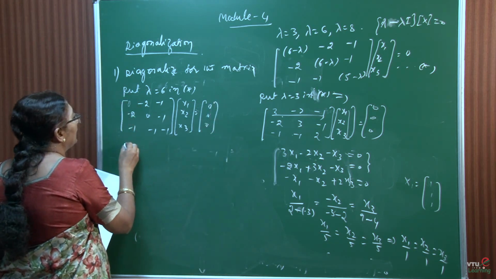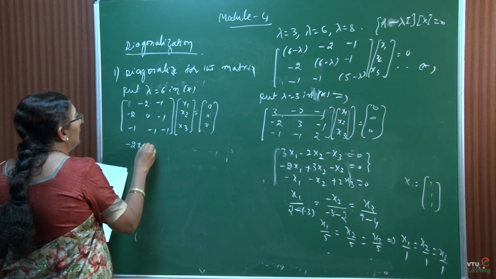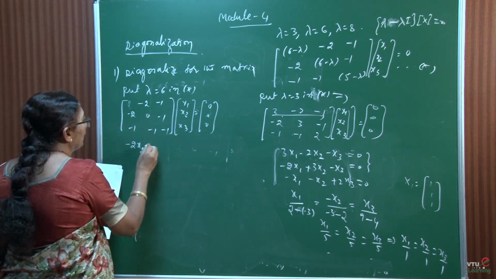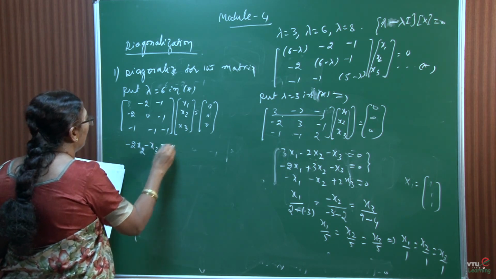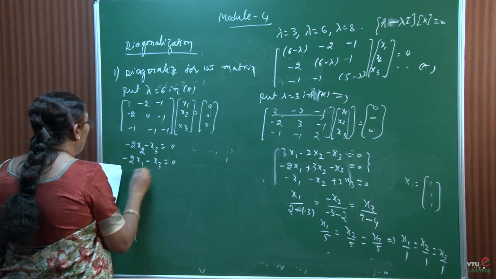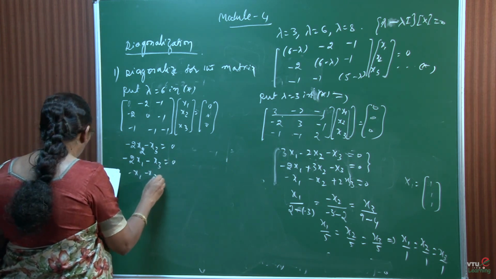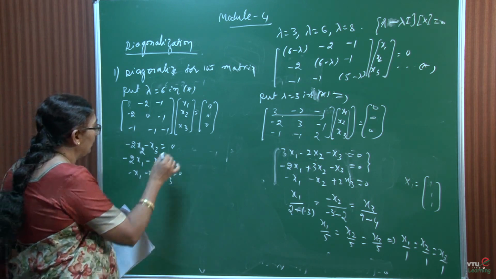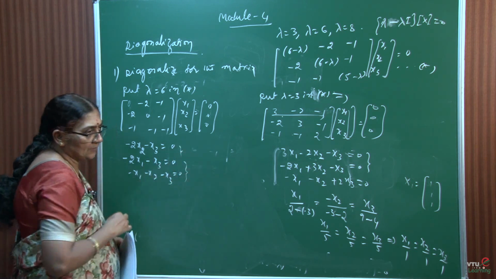Then simplify that. Minus 2x1 minus 2x2 minus x3 equal to 0. Minus 2x1 minus x3 equal to 0. Minus x1 minus x2 minus x3 equal to 0. Therefore, instead of taking the first two, I am taking the last two.